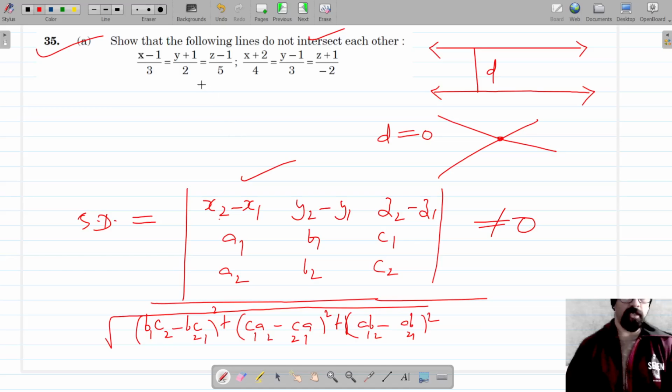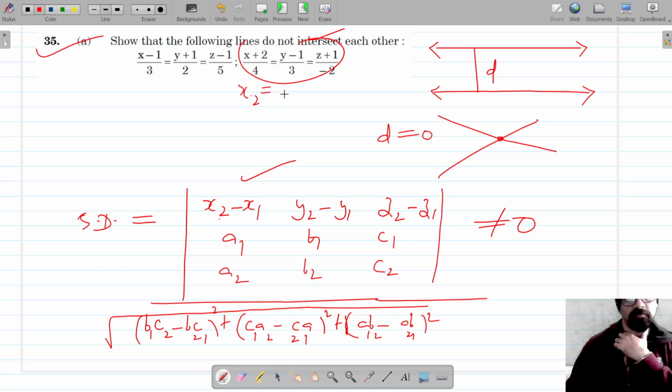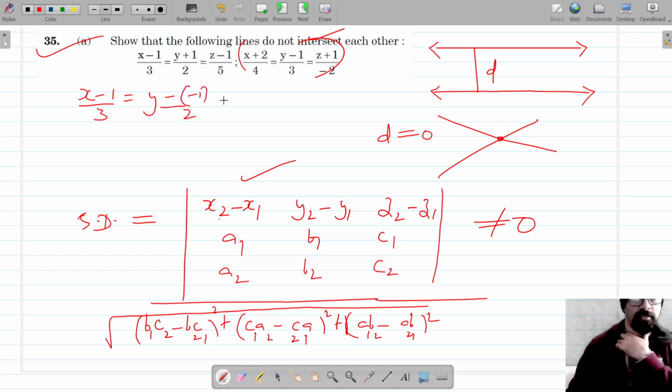So x1 is the point through which the first line passes. Let me write this in the standard form. The first one is x minus 1 by 3, y plus 1 by 2 and z minus 1 by 5. So this line passes through the point 1, -1 and 1.